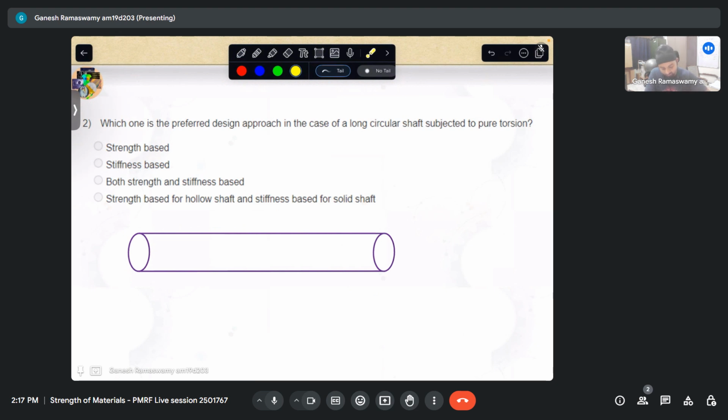So what this question is trying to ask is that if I were to apply this with MT, I see that this is L, and the L is given to be quite high because it's a long circular shaft, is what we are told.